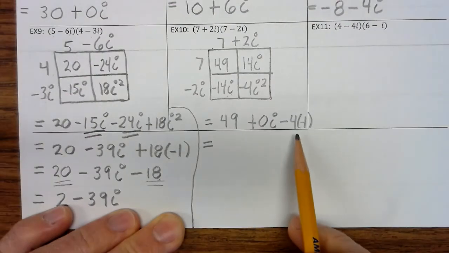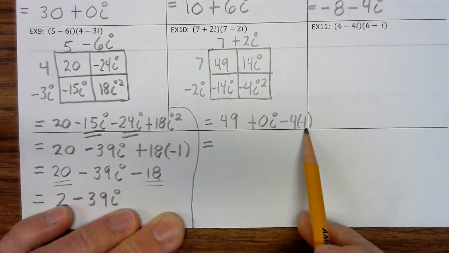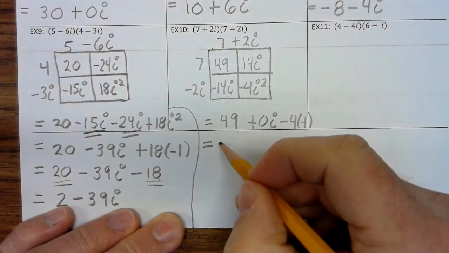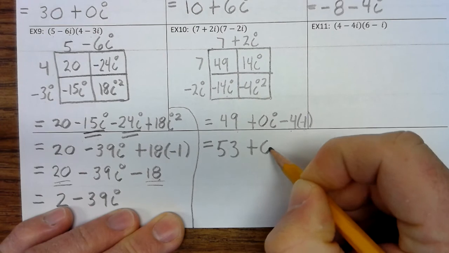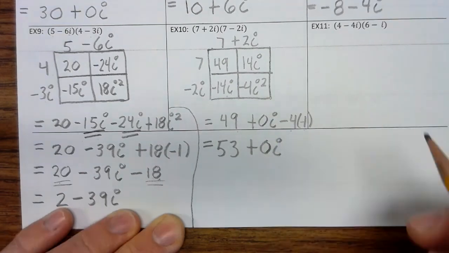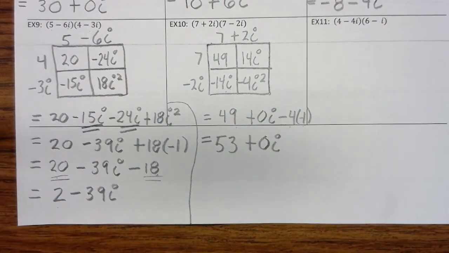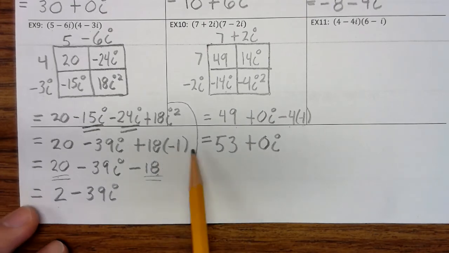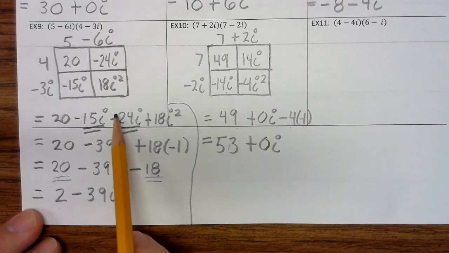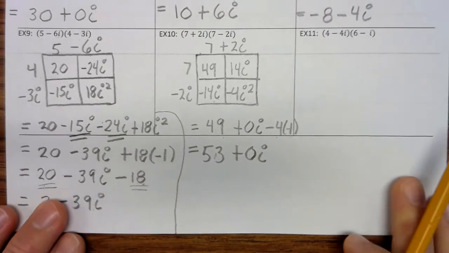So then negative 4 times negative 1 is a positive 4. Add 4 to 49 is 53 plus 0i. So I've kind of showed you an example 9 and 10. This is acceptable steps, but if you want to show all your steps, it would look like that.